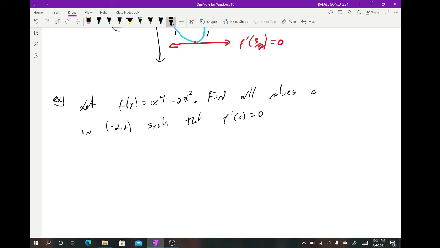Basically, we're asked to find all of the values between -2 and 2 such that the derivative, when you evaluate it at the point, is going to give you 0.